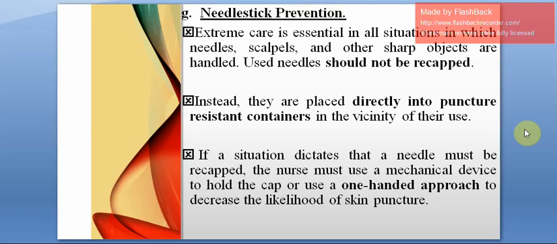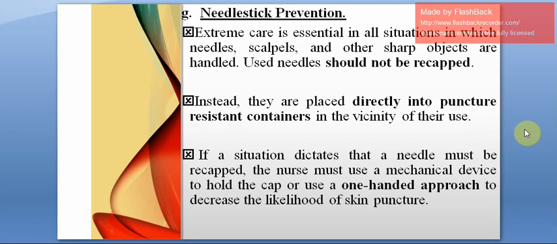To prevent needle stick injury, you should not recap the needles you have used. Immediately once you have pricked the patient, you have to discard that needle in the puncture resistant container. There is a white can in the hospitals, and in that you have to discard the needles. Don't recap.